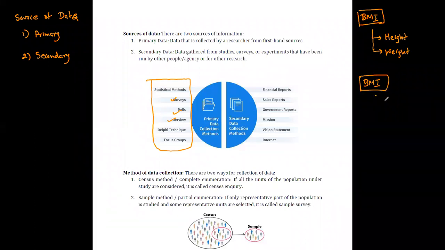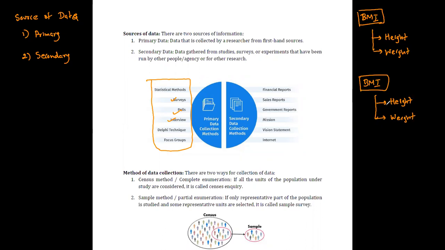If all these students have taken their medicals from the same place, suppose that all these students are asked to take their medical reports from a particular medical center. Generally they have the data for the height and weight of each student.